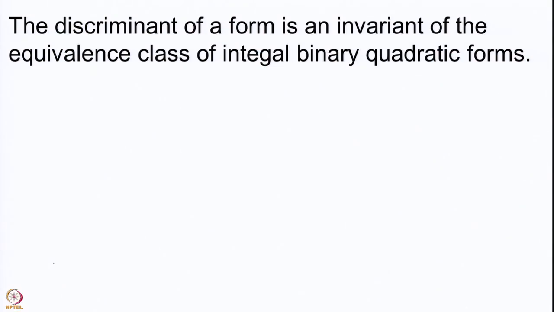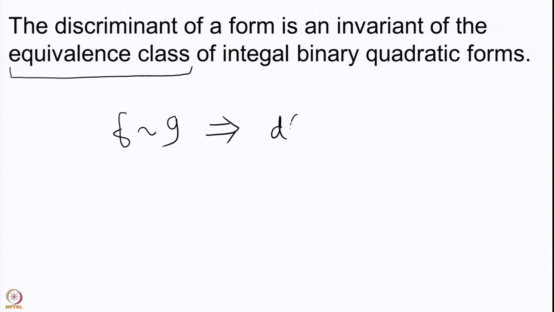So, this is in front of you: the discriminant is an invariant of the whole equivalence class of integral binary quadratic forms. That means, if I have f equivalent to g, then the discriminant of the form f is equal to the discriminant of the form g.